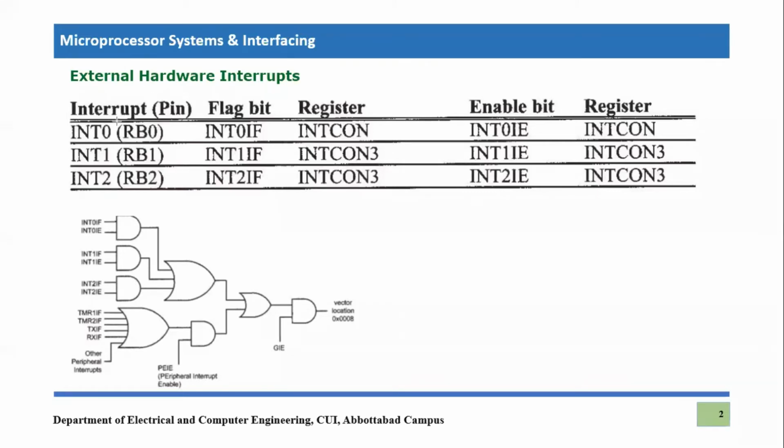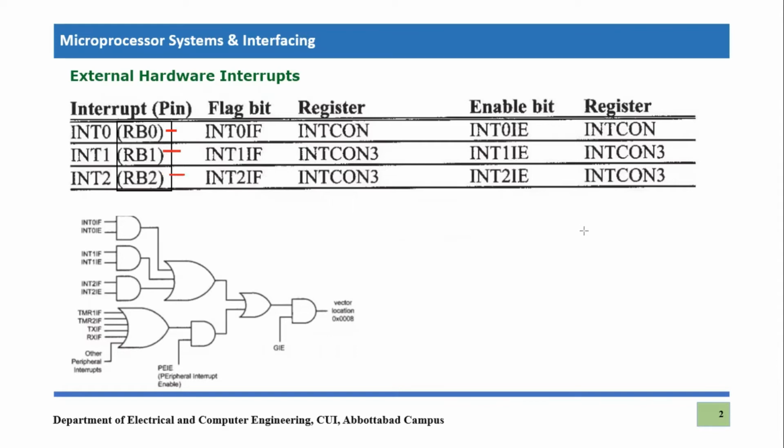In this chart you can see these pins mentioned here. These pins are part of port B: pin 0, pin 1 and pin 2 of port B are used for external hardware interrupts.